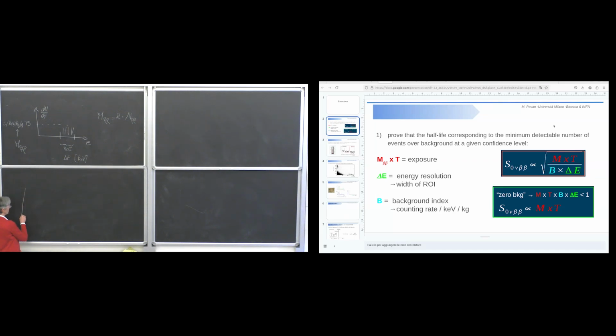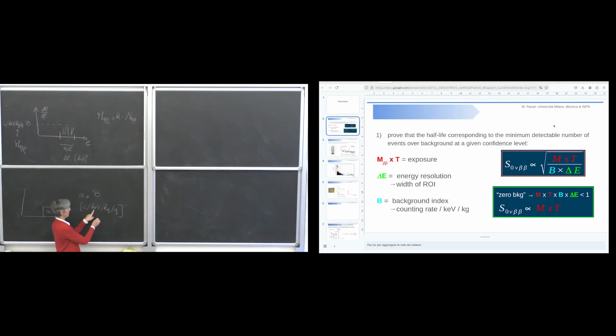Therefore, what I'm going to measure is the number of counts in my experiment, that is B. Remember, we often call it background index, and so the units are counts per keV per kilogram per year. And so I have to multiply by all these parameters in order to get the number of counts, right?